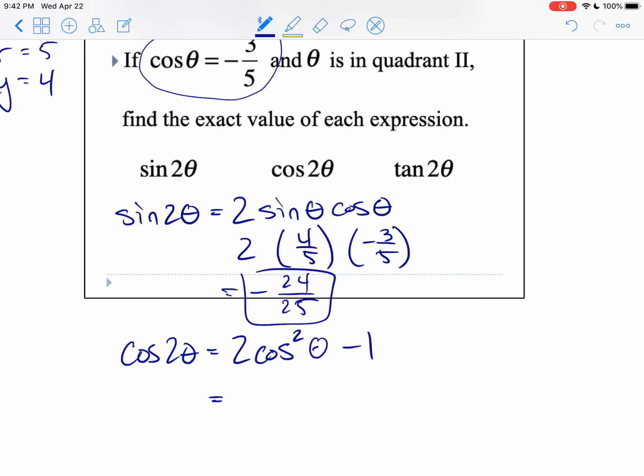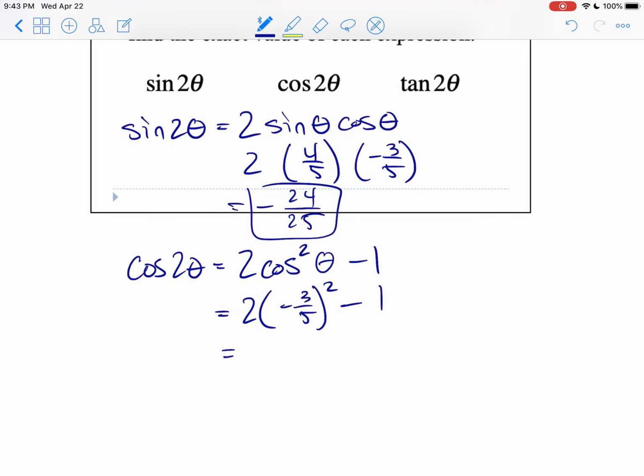I was told that cosine of theta is -3/5. When I square that, I get 9/25, times 2 gives me 18/25, minus 25/25 gives me -7/25. So cosine of 2 theta is equal to -7/25.